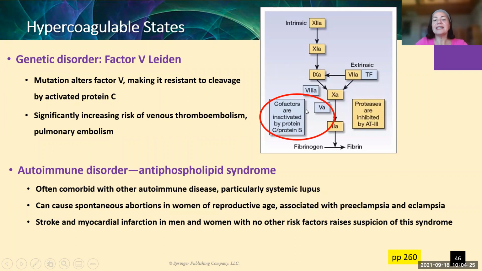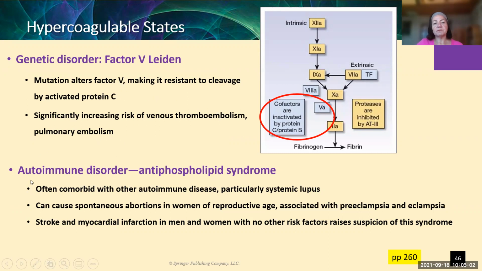It's supposed to be inactivated by protein C and protein S. It doesn't respond to protein C. So where it's supposed to be getting the signal, okay, stop doing what you're doing, it's not shaped in a way that it can get that signal. And so it just keeps staying clotted. So we see a significantly increased risk of venous thromboembolism and pulmonary emboli in patients with factor V Leiden.